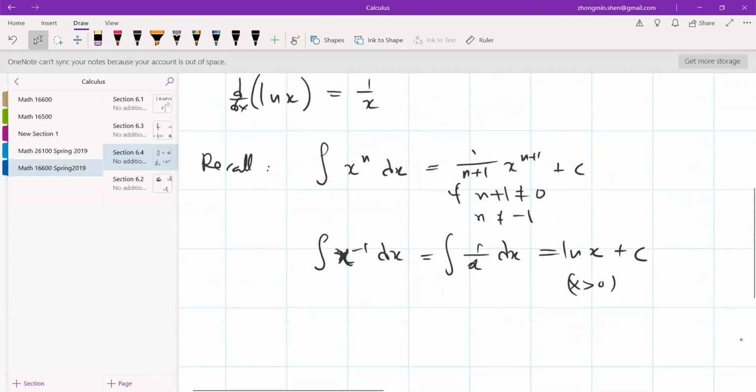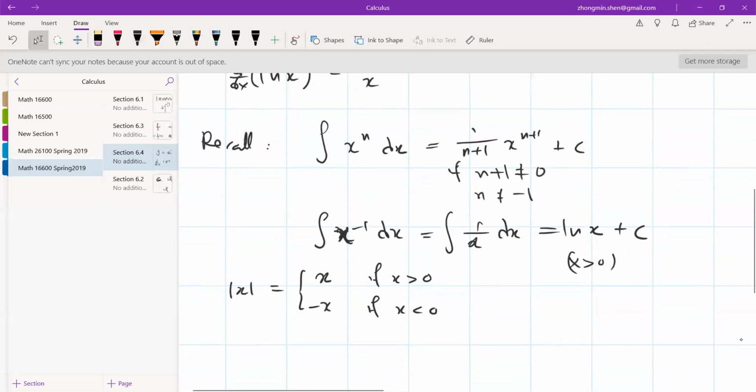So we have to do something to get a general formula. Now absolute value of x is going to be x if x is positive, and negative x if x is negative. Why negative x? Negative x is not necessarily a negative value. If x is negative, the negative sign is invisible.